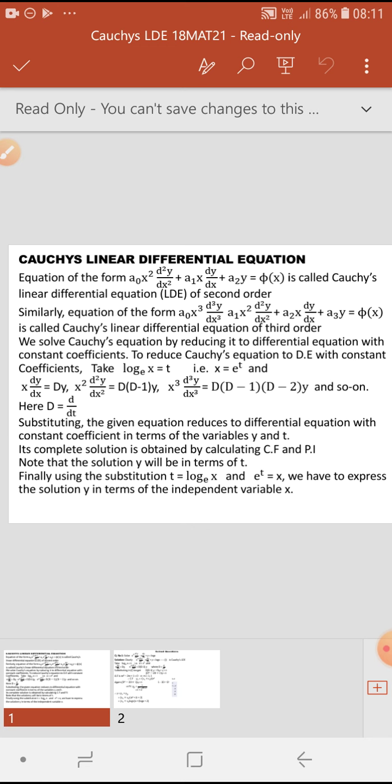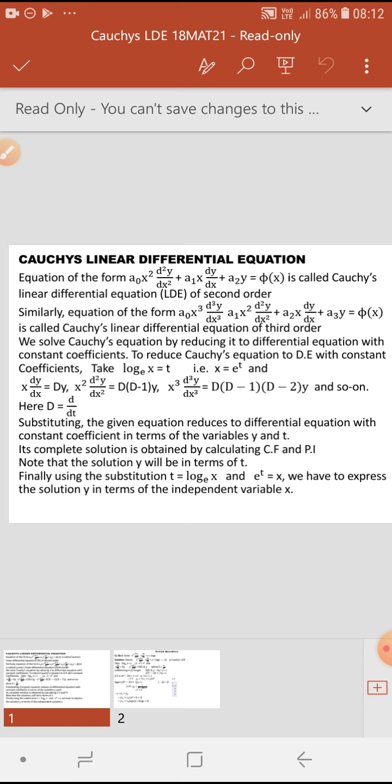An equation of the form a0 x square d square y by dx square plus a1 x dy by dx plus a2 y equal to phi of x, where a0, a1, a2 are constants, is called Cauchy's linear differential equation of second order.